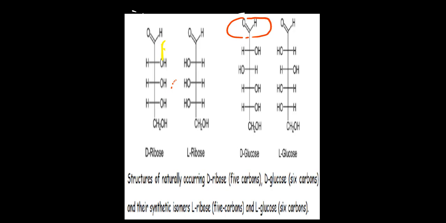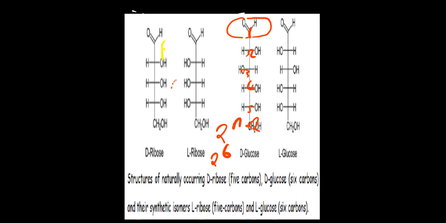Then we are saying for you to find the number of isomers for this glucose molecule, you say 2^n minus 2. N represents the number of carbon atoms of that compound. Since it's glucose, how many carbons does it have? 6, right? You've got 1 here, 2 here, 3, 4, 5, and 6.